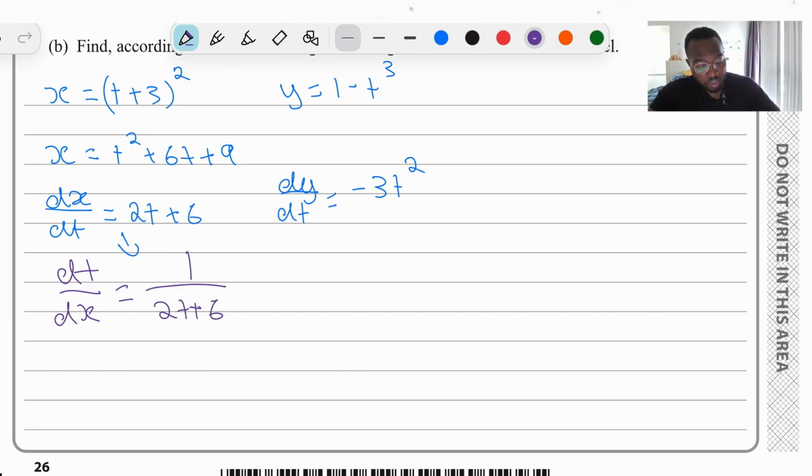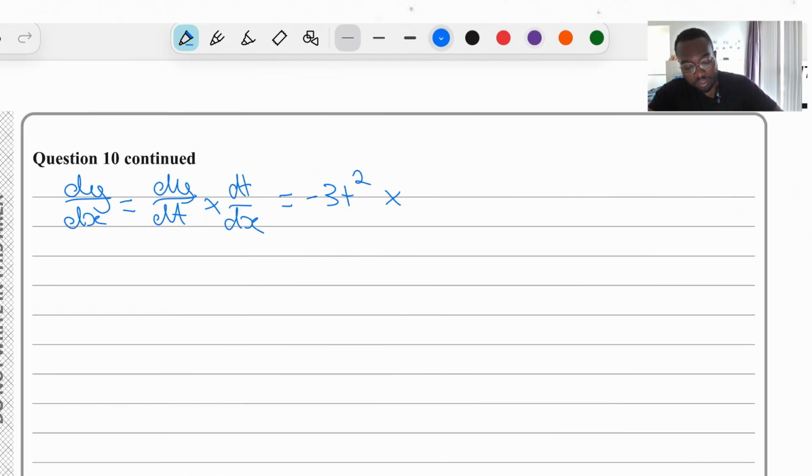Just do the reciprocal. So dy over dx equals minus 3t squared over 2t + 6.